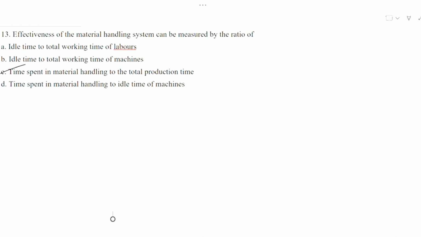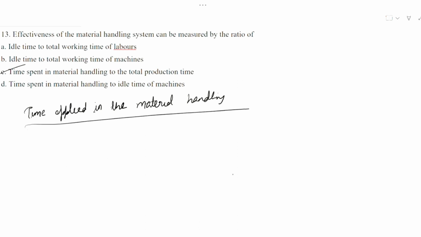So what happens here is the time applied in the material handling, or we can say the time required to move the material, is divided by the total time to produce.